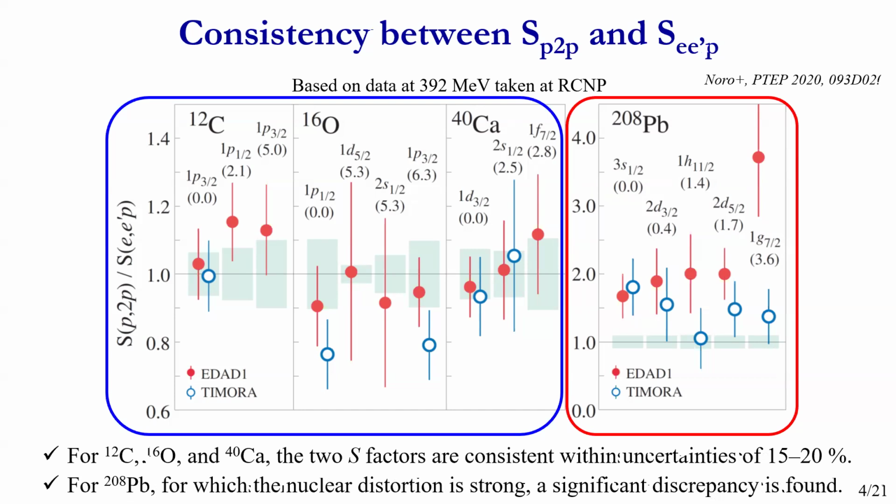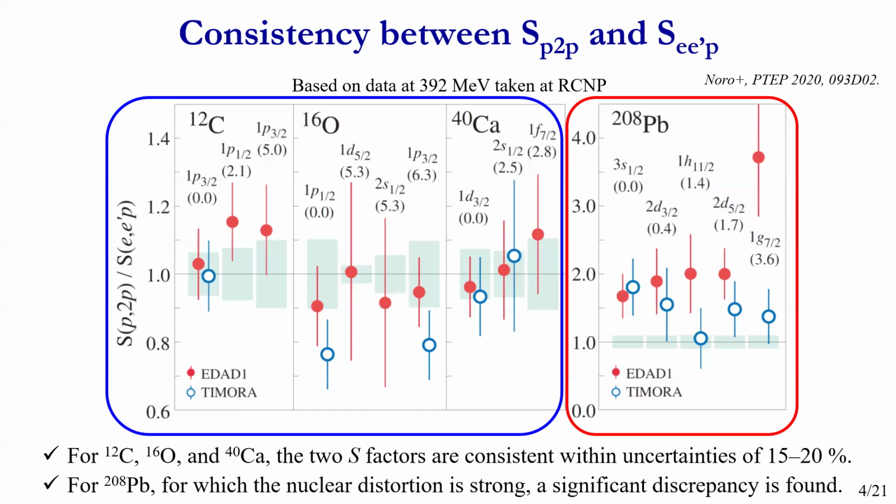Right. And there are two types of results plotted. One corresponds to using the Dirac phenomenological optical potential. The other is for a microscopic folding model. So by the difference between these two, we may see how uncertain the optical potential is.